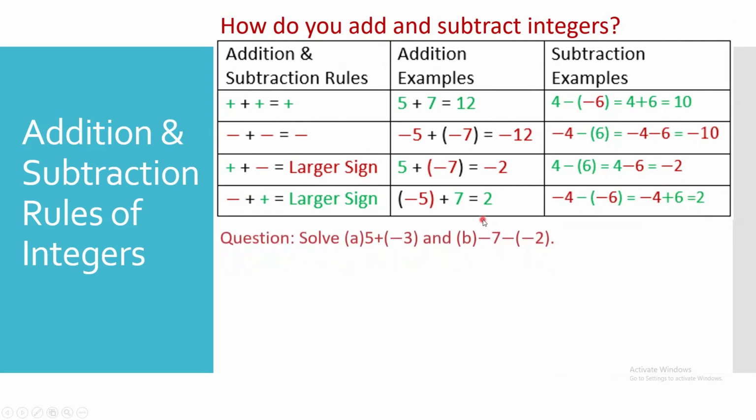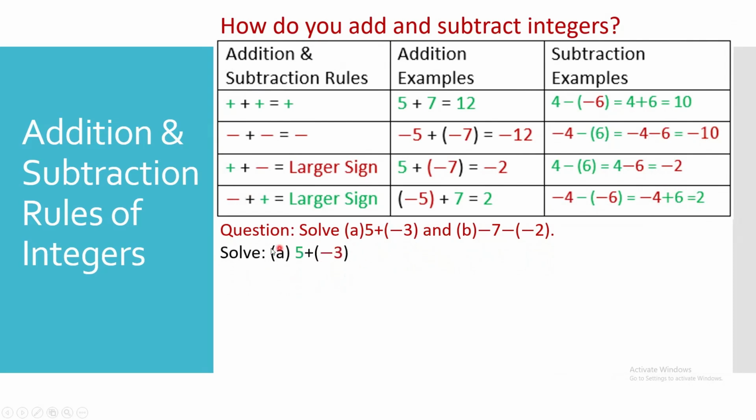One question I have set here for practice: solve a, 5 plus (minus 3), and b, minus 7 minus (minus 2). Let's solve it. For the first, copy the question. 5 is positive, minus 3 is negative. If you remove the bracket, plus times minus becomes minus. So 5 minus 3 is 2, the answer. 2 is positive, since the larger sign comes here.